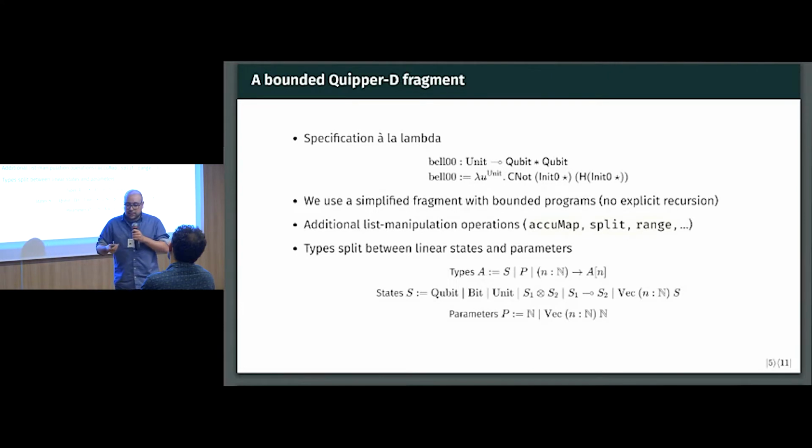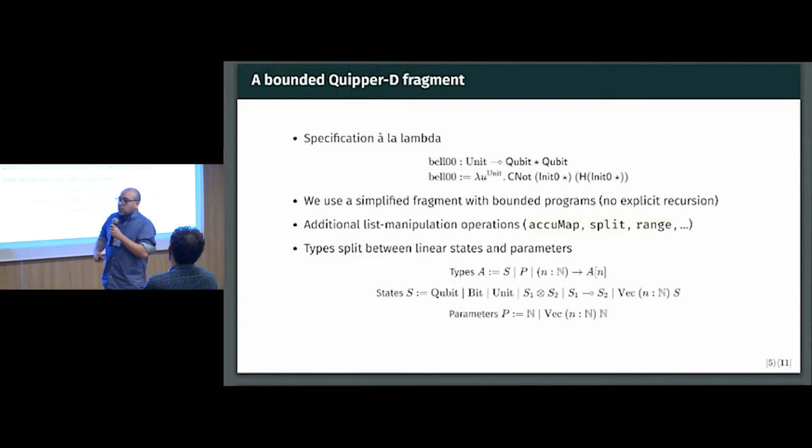We call it lambda sub d, which takes parts of the original Proto-Quipper-D specification and cuts a lot of the rest.